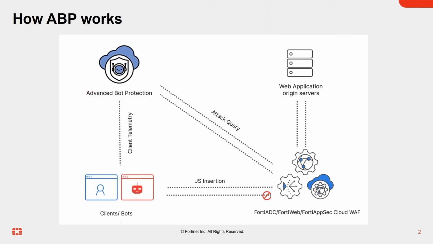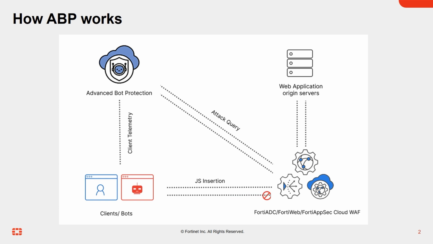FortiAppSec Cloud Advanced Bot Protection, ABP, uses a multidimensional deep learning engine to identify and mitigate bot attacks by continuously learning from traffic patterns. It integrates seamlessly with existing FortiWeb, FortiADC, or FortiAppSec Cloud WAF deployments.